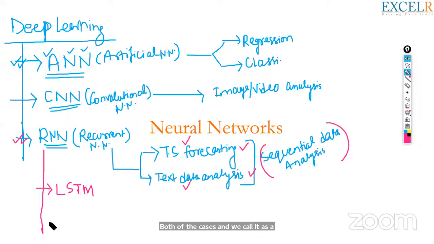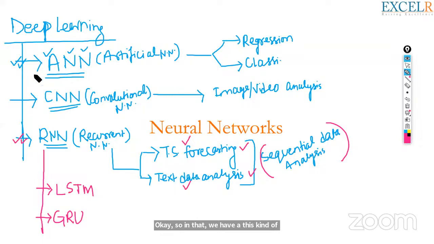And then we have another architecture, the advanced version of RNN, known as a GRU. GRU stands for gated recurrent unit. LSTM stands for long short term memory, right? So in that way, we have these kinds of neural network architectures.